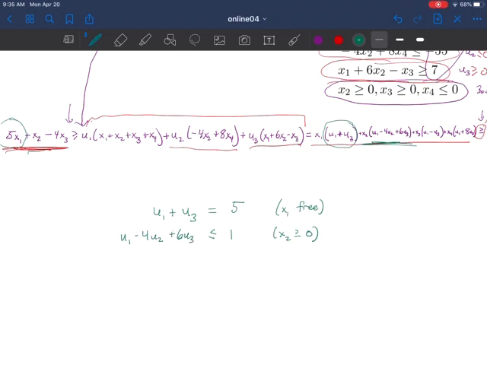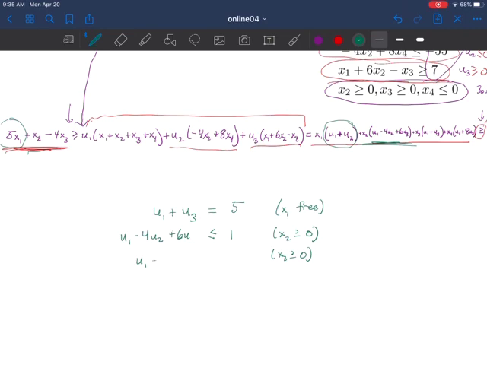The u1 minus 4u2 plus 6u3 has to be less than or equal to 1 because I know x2 is never going to be negative, because x2 is greater or equal to 0. That means that this less than or equal to is just going to remain the same. Remember, we're going backwards. The objective is greater or equal to these right-hand sides, so these right-hand sides are less than or equal to the objective.